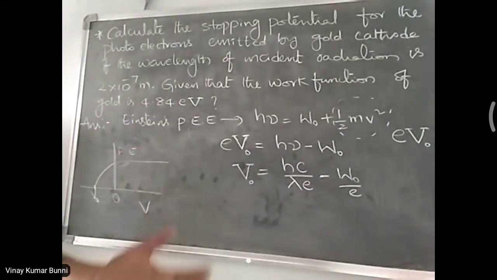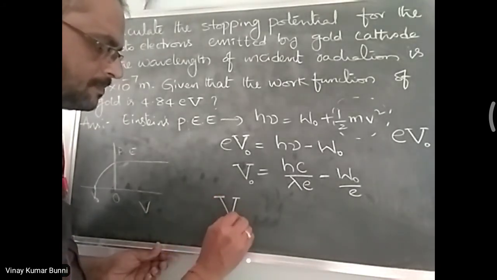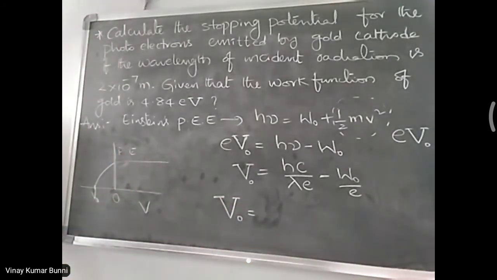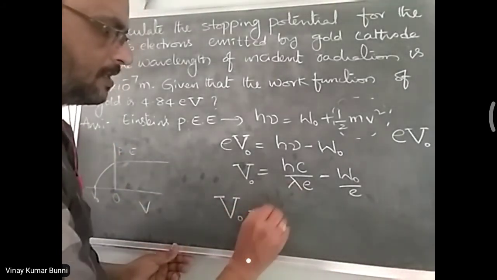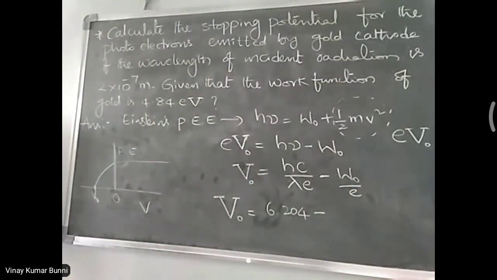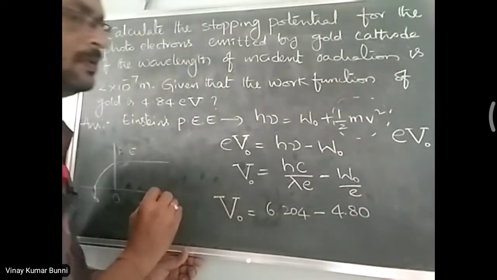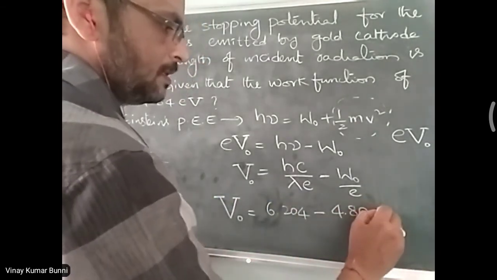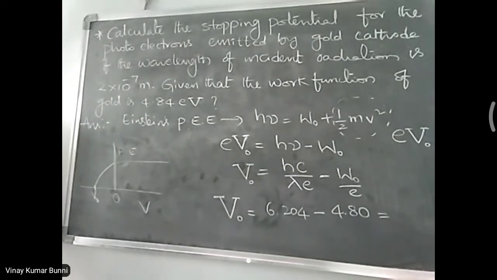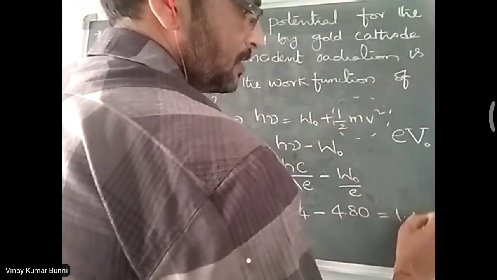So after substituting all the values, you will get the value V naught as this becomes 6.204, and W naught by e becomes 4.80, and this finally gives 1.404 volts.